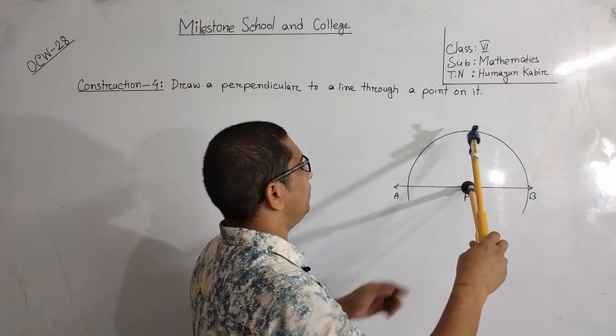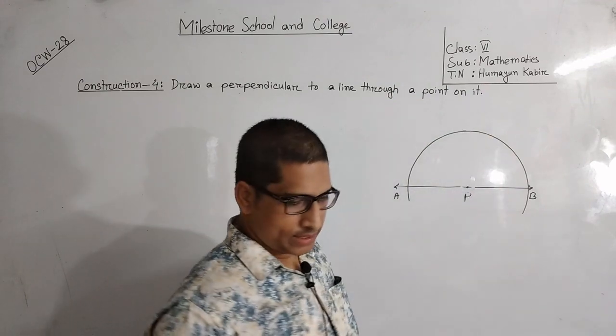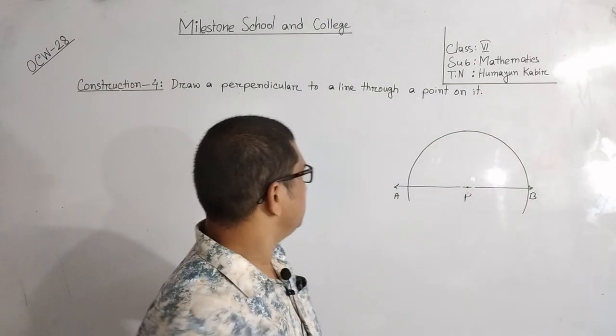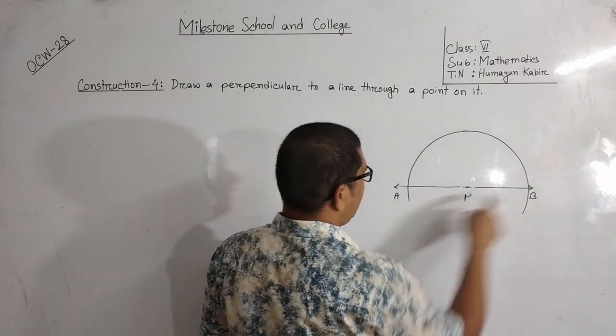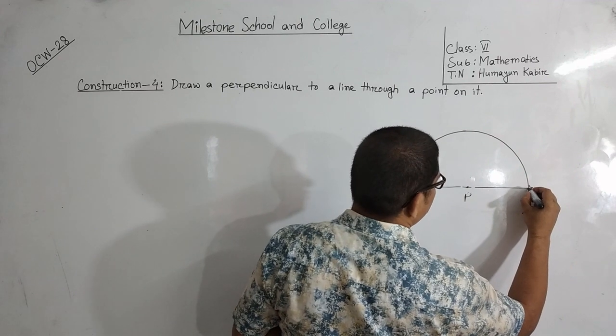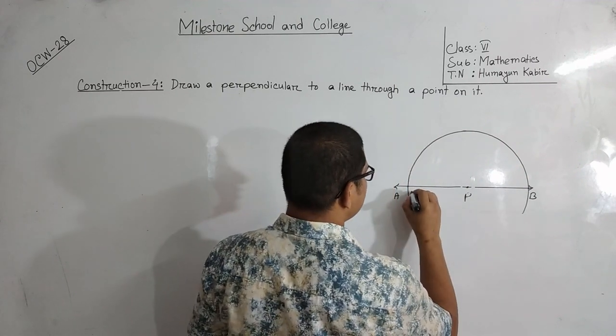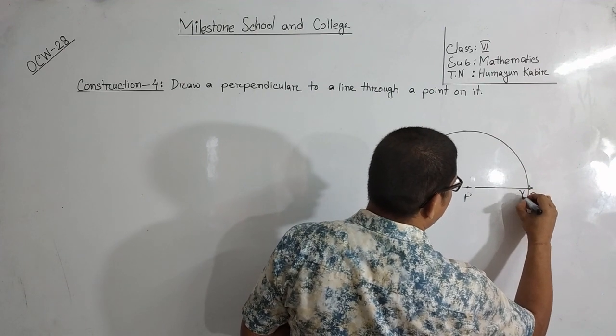Okay. So look at here. Here this arc intersects the line AB, this point and this point. So suppose this point is X and this point is Y.